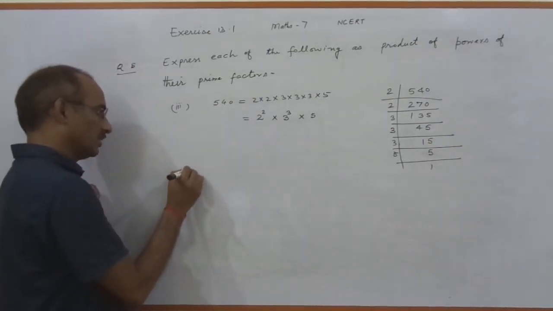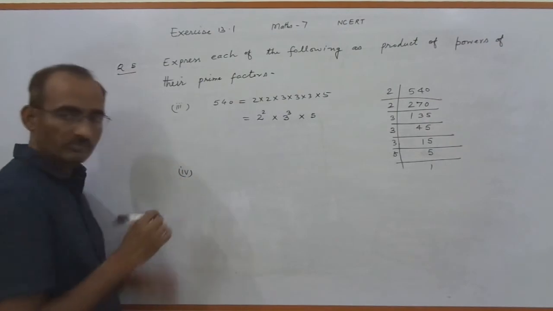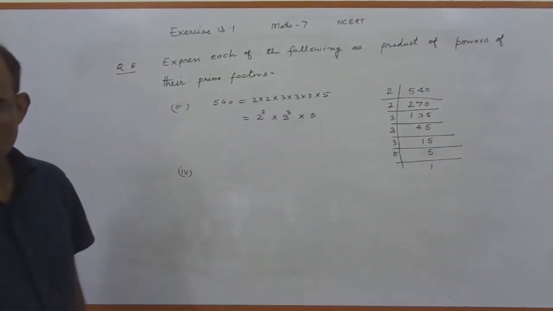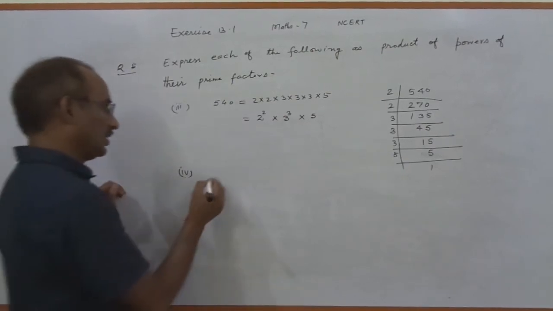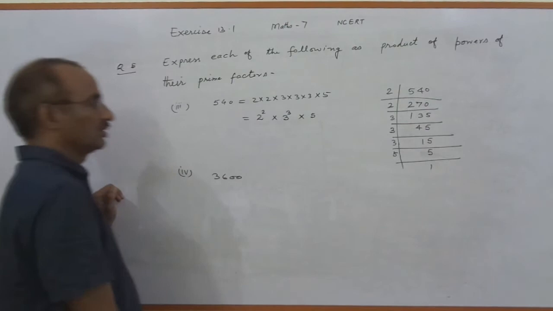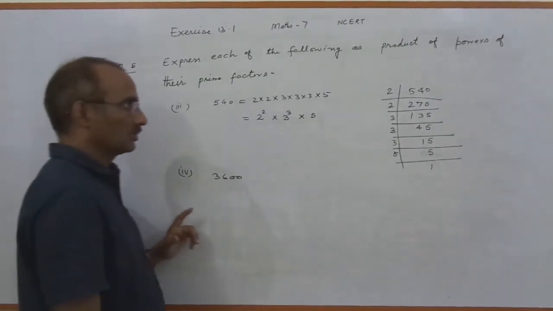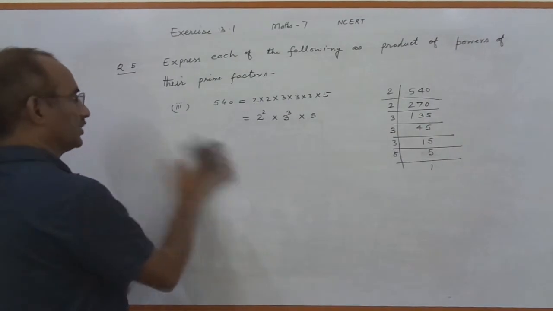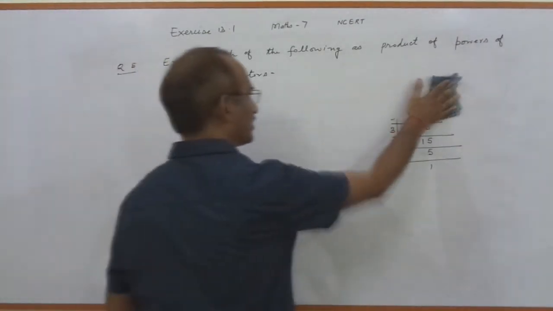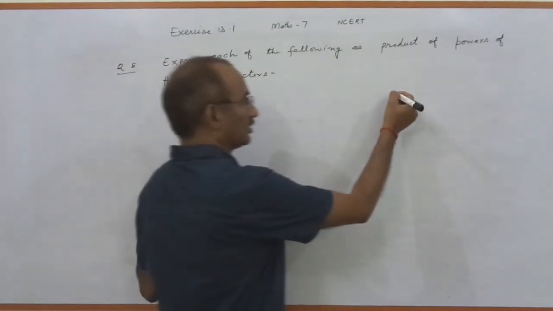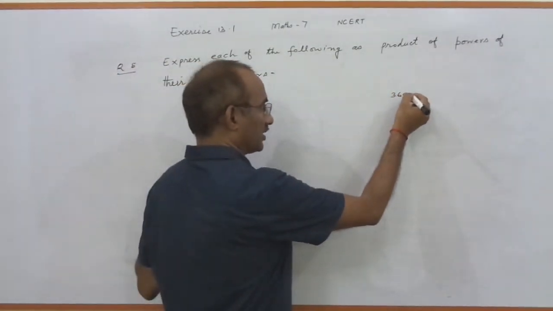The fourth question is 3600. Take prime factors of 3600.